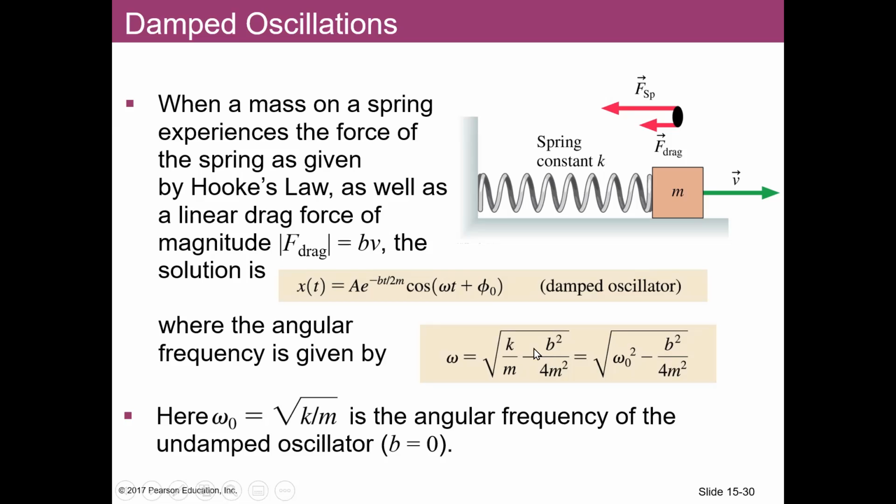You see the angular frequency of the damped system, and in the next equation they note that it's technically the square root of the square of the undamped frequency minus this extra term. All of the damping, all of the loss in useful mechanical energy, is captured in this b, the damping or drag constant, as it's called.